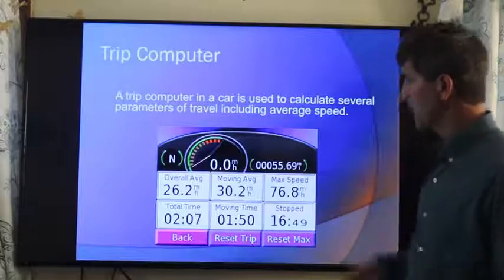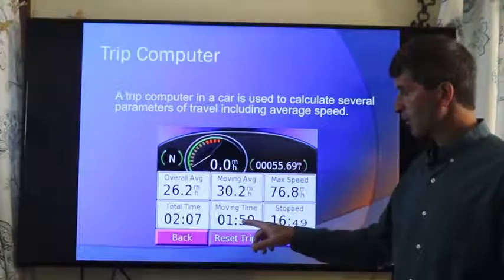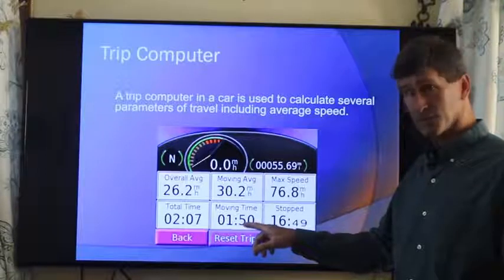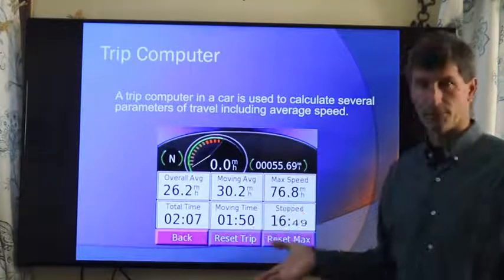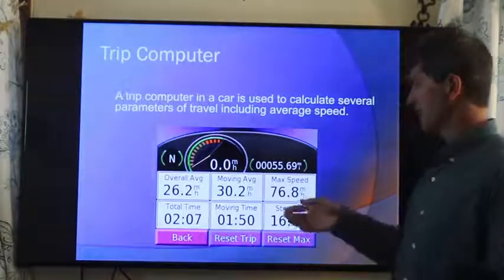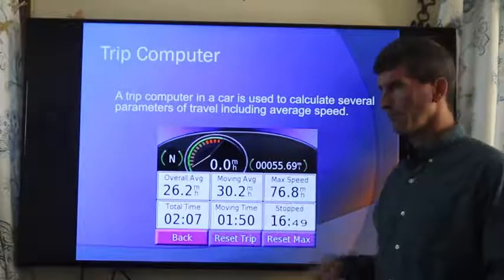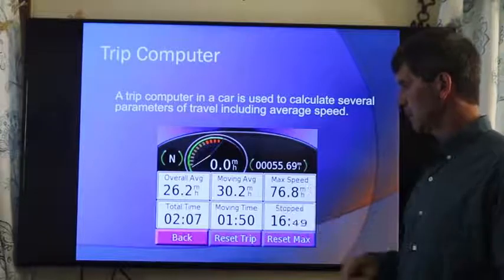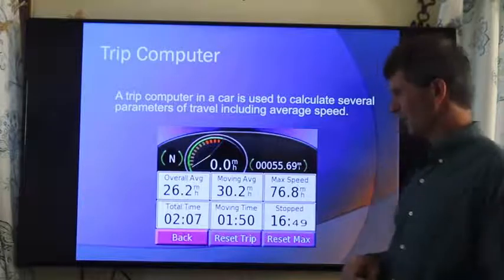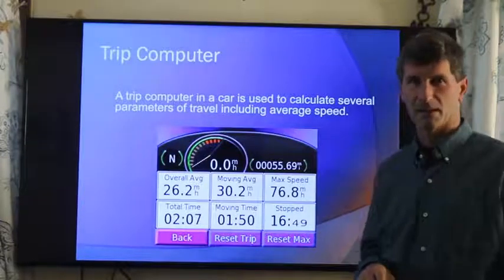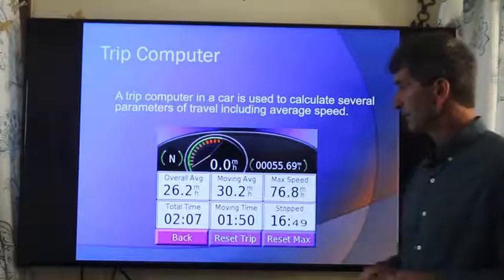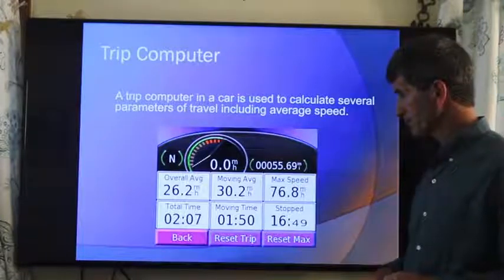In fact, it gives you a few things. You're only moving for 1 hour, 50 minutes. Again, you'd have to do a conversion there. But again, 55.69 divided by 1.85 gives you 30.2.